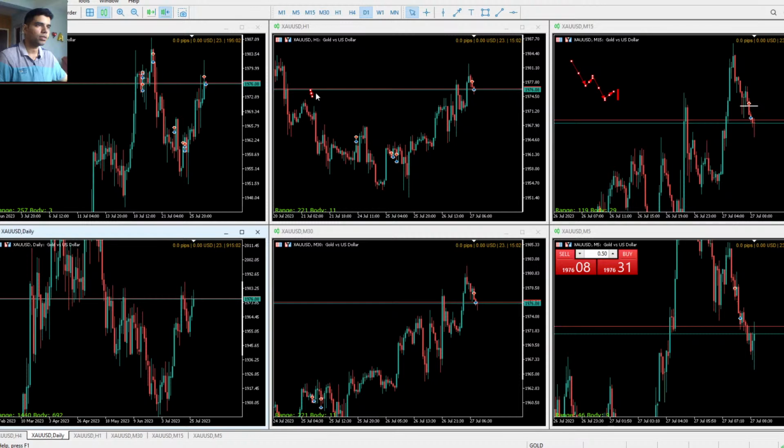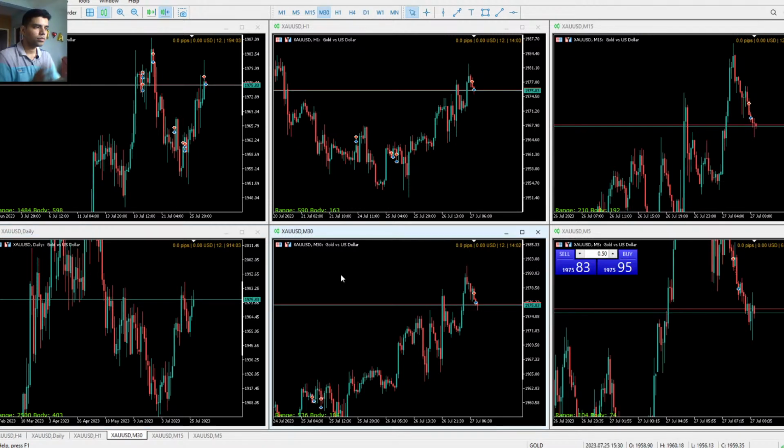For that, I search on the H1 and M30 time frames. And after I see that it might be happening, then I look at the M15 and M5 time frames for my early entry.